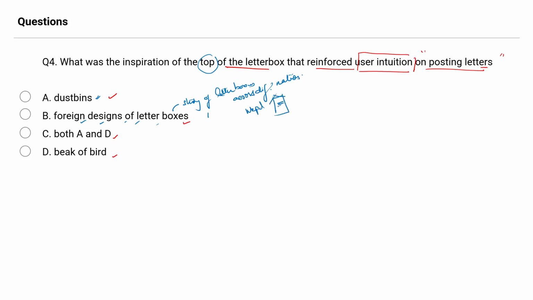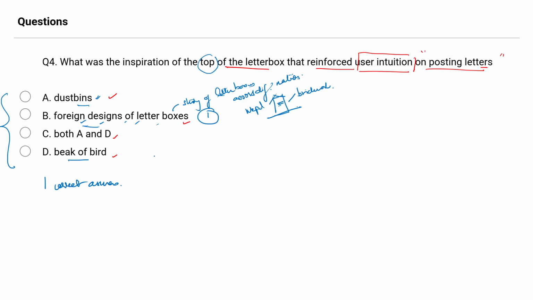Very interesting. C says both A and D, so dustbin as well as foreign designs and beak of the bird. So you've got one correct answer. One of the choices which has been preferred is foreign design of the letterbox.